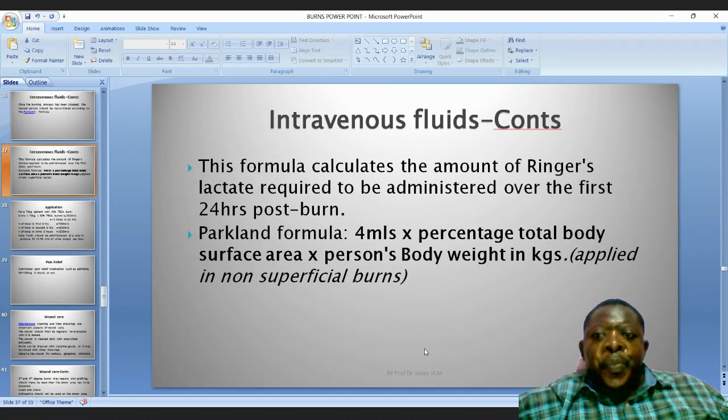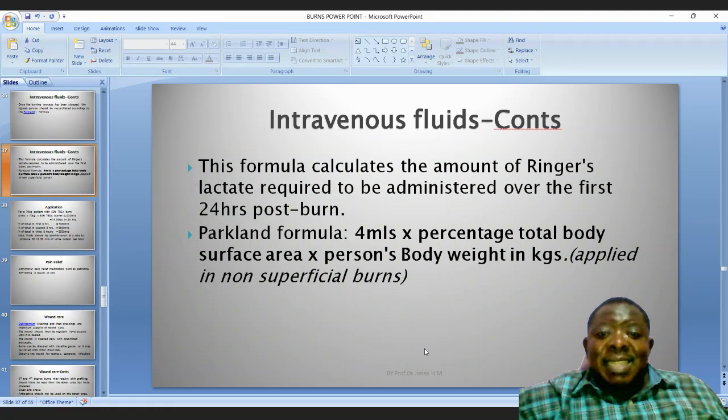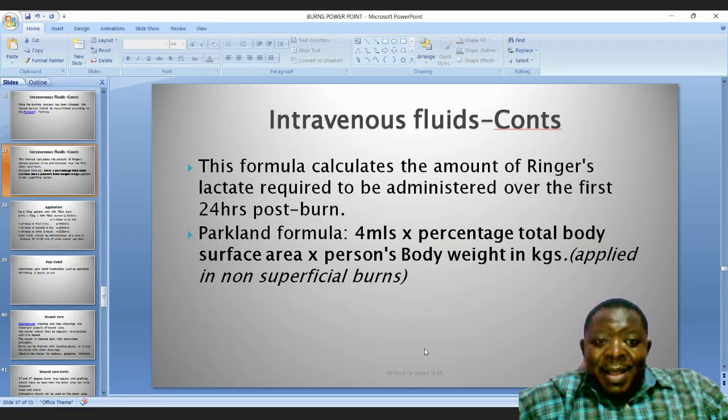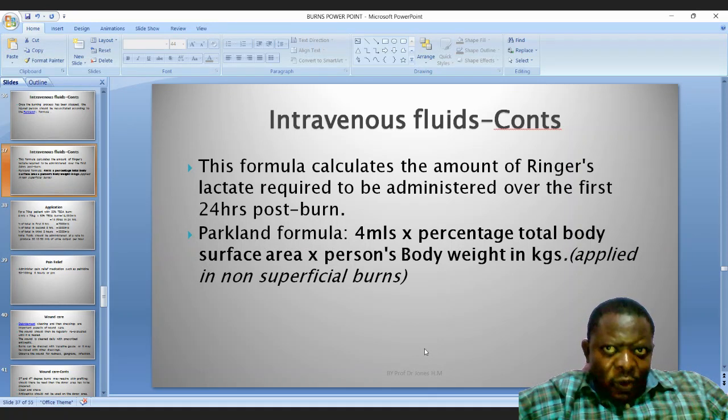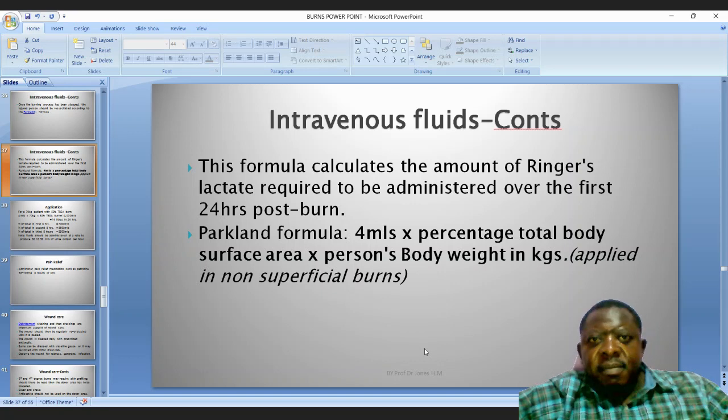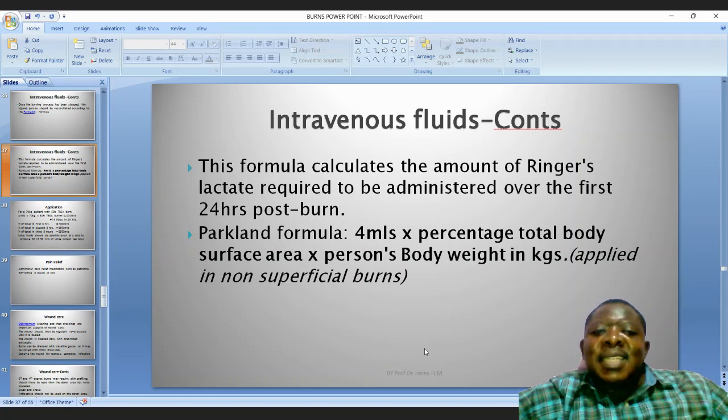The formula is 4 mL times the percentage of the total body surface area, TBSA, that has been burnt. This total body surface area you will calculate using Wallace's rule of 9. Then you have to multiply with the body weight of the patient.